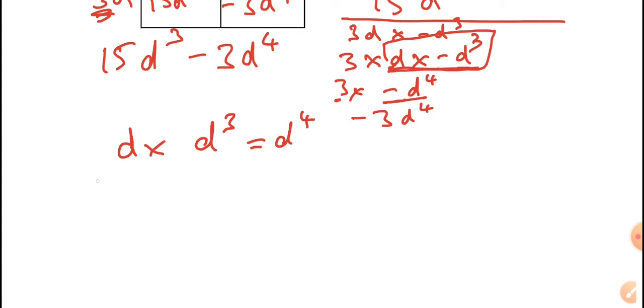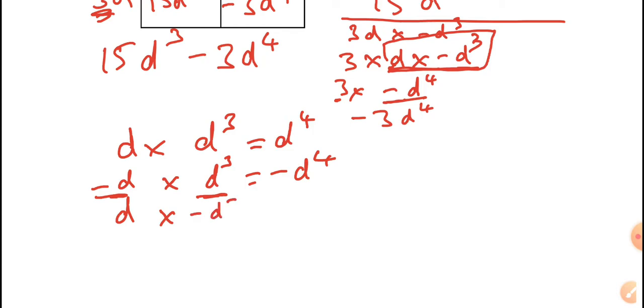But if, for example, it was negative d times d cubed, the answer would be negative d to the power 4, because we're doing a positive term multiplied by a negative term. Likewise, when we do d times negative d to the power of 3, the answer will be negative d to the power 4, because we're doing a positive multiplied by a negative.